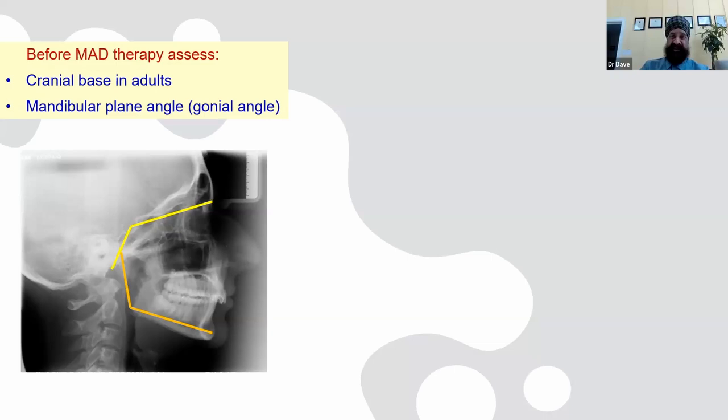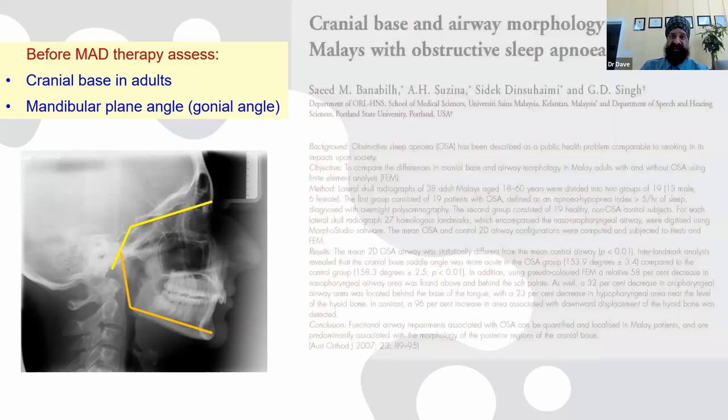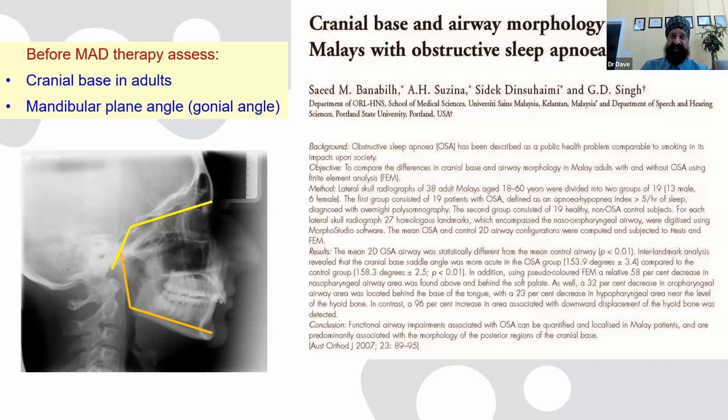So we look at the cranial base morphology in adults with sleep apnea. We find that there is a risk factor. We look at the cranial base angle. It's more acute in patients with OSA compared to controls. In addition to that, the developmental or postural compensation to counteract that effect is to displace the hyoid bone inferiorly.